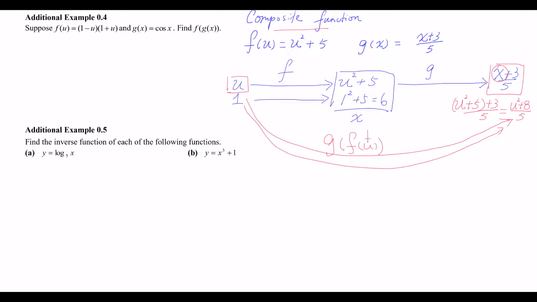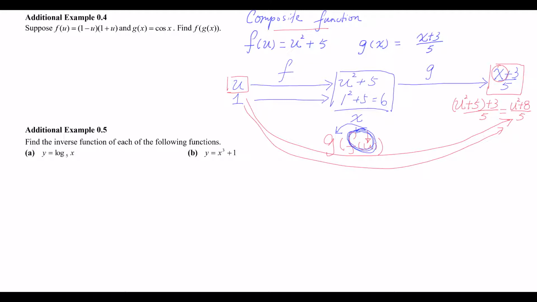Start from the beginning: we have the variable u, and this u is processed by function f, and then we get the result here, and this result will be processed by some other function g. Then this is called the composite function. Alright, let's try this example.